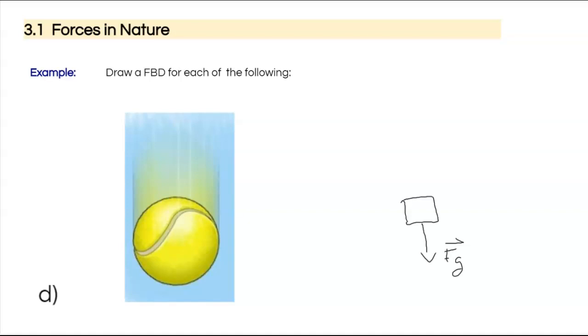There's no surface for the normal force to be acting on. But one thing you may have thought to include, which is reasonable to include, is the force of air resistance acting opposite that tennis ball's motion, which is a fair assumption to make on planet Earth. All right, we're getting to the last examples here.